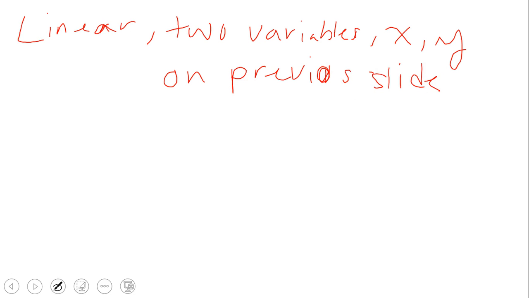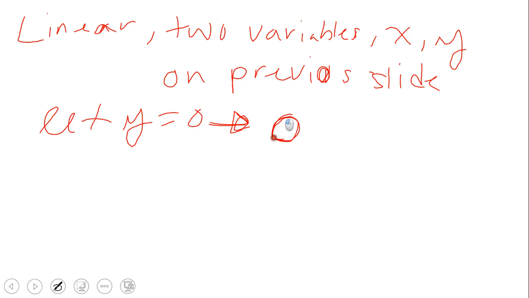Originally we had two variables on the previous slide, but now we're going to do one variable. More specifically, if y is 0, then we can write this as 0 equals mx plus b for a linear, and any of them can be written like that. So let's try to solve something in this form. From now on we're going to assume y is 0 and just do this in one variable.